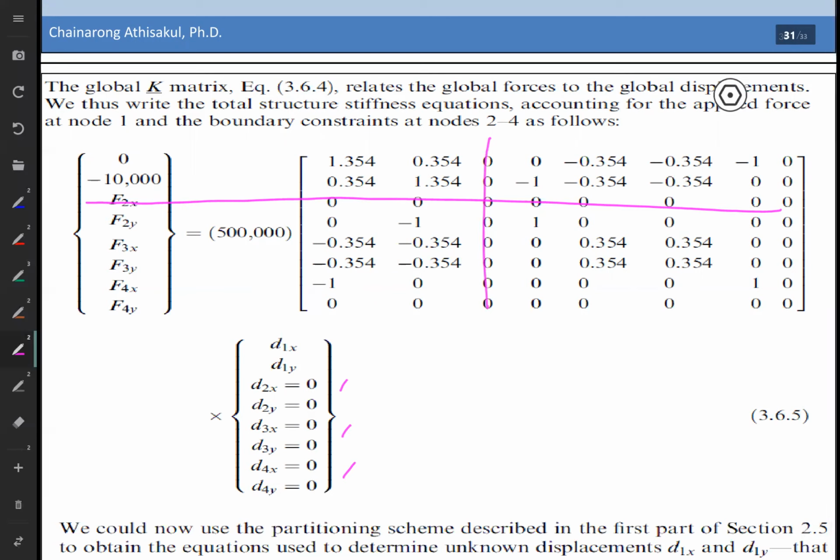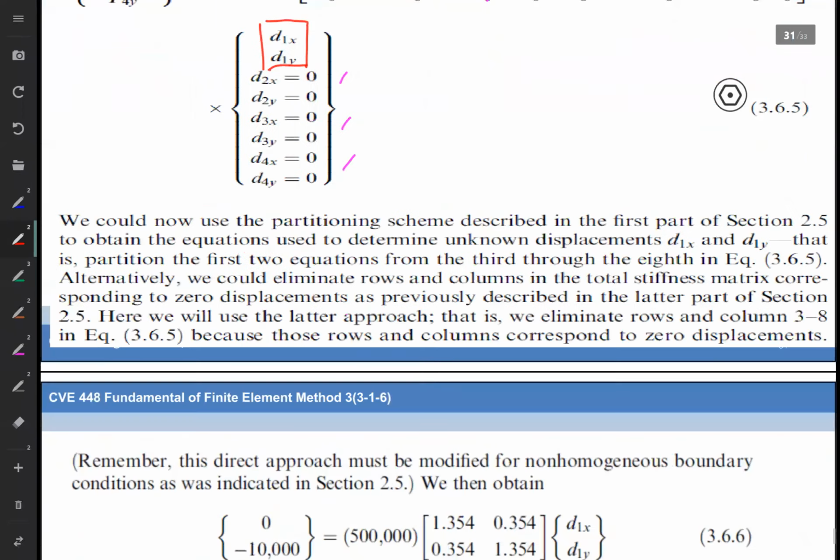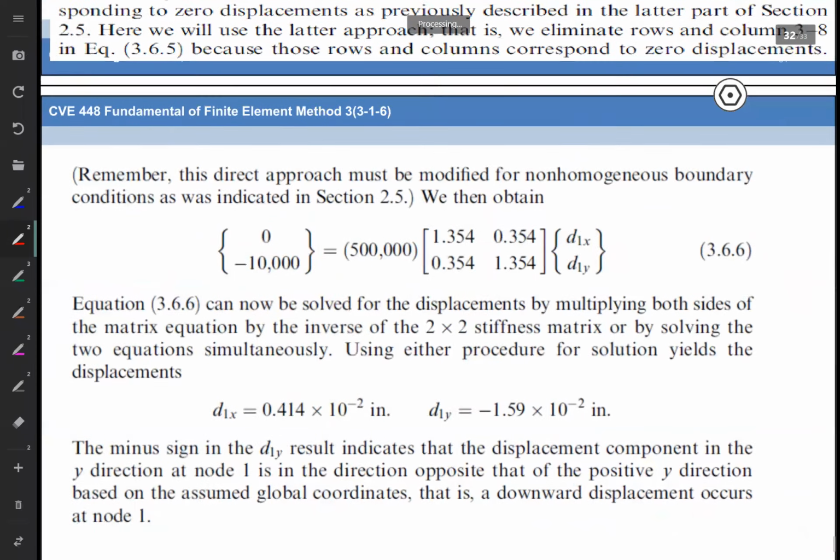And after we apply the boundary condition, we have only this term, just the first and second rows of the equation. So the equation is reduced from 8 equations to just 2 equations like this after we apply the boundary condition.